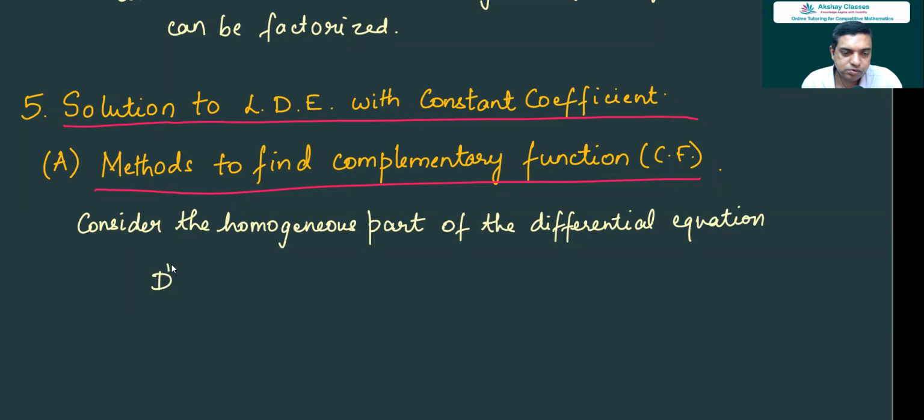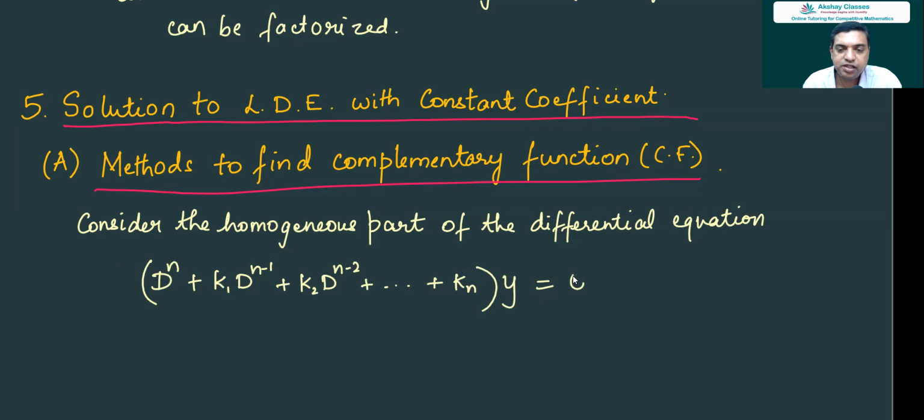So it is D^n + k1 D^(n-1) + k2 D^(n-2) + ... + kn times y is equal to 0. So we have written the homogeneous part of the differential equation like this.